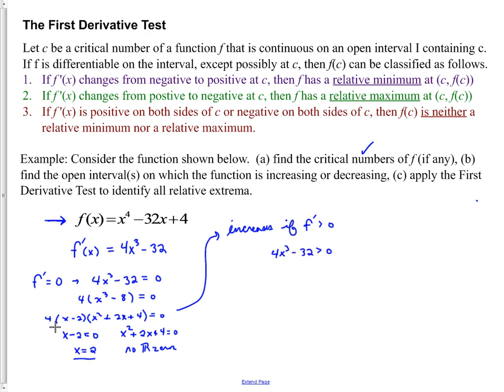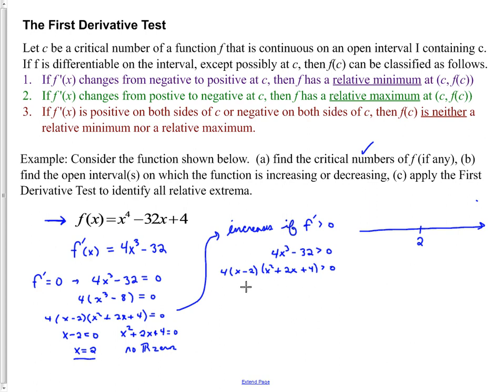Since we've already factored, we want 4 times x minus 2 times x squared plus 2x plus 4 to be greater than 0. Since there's only one real zero, we can plot this on our number line and test whether the expression is positive or negative to the left or right.